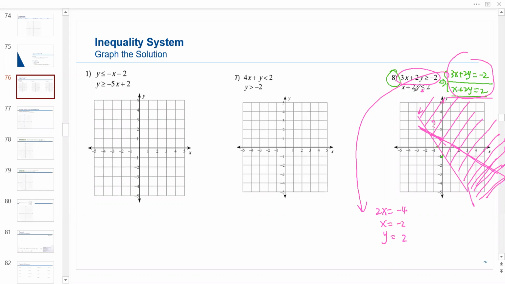For the second one, (0, 0) is also included. So it should be this area. Let me use a different color to make it easier. The 0, 0 is below this part. When x and y are 0, the left side is 0 and the right side is 2. It also makes sense. So it should be in green. So it should be here.